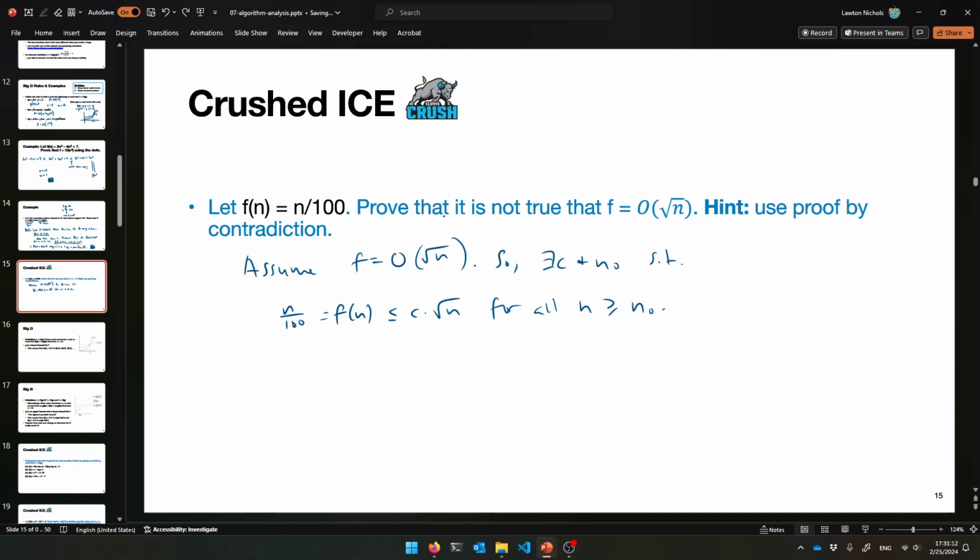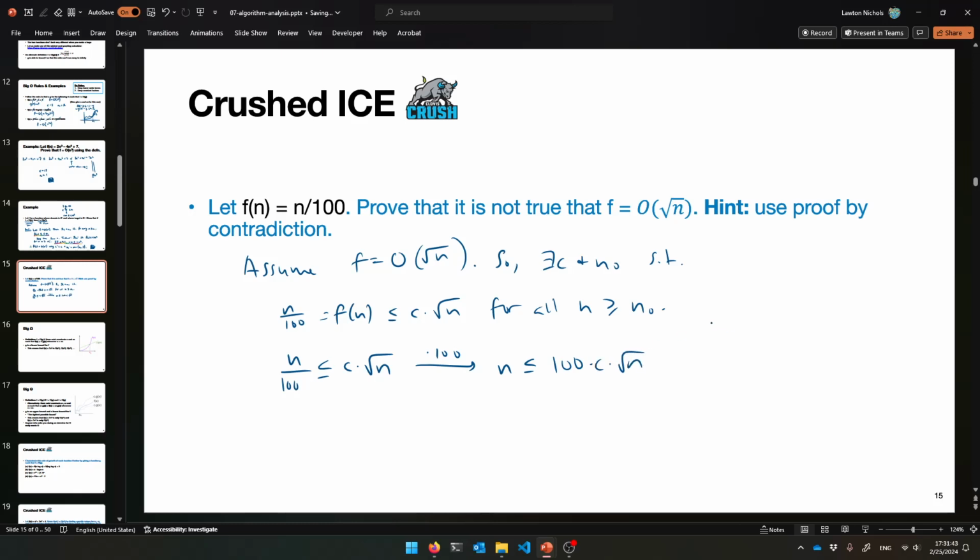We have as firepower that n over 100 is less than or equal to c times square root of n. Let's get the n by itself, so let's multiply by 100 on both sides. That gives n is less than or equal to 100 times c times square root of n.